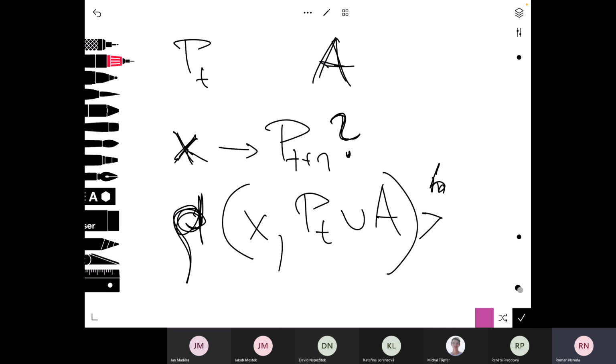So this has to be big. So when creating a new individual, we're computing the distance with respect to the current population, but also with respect to the archive of solutions.